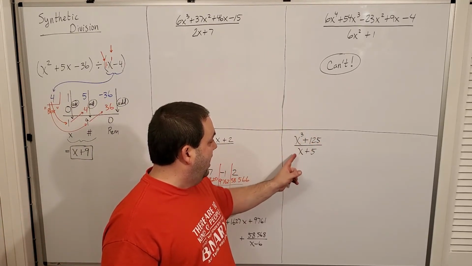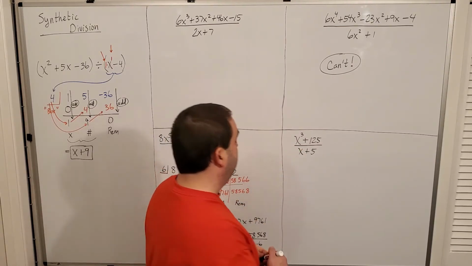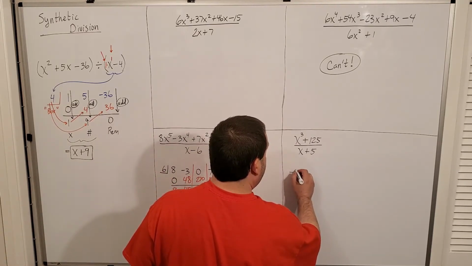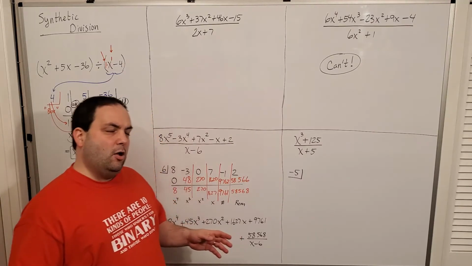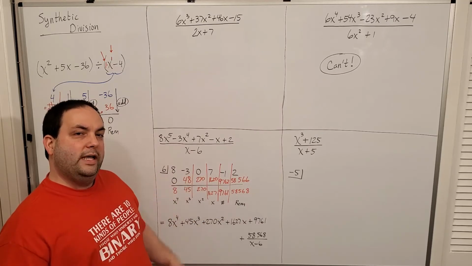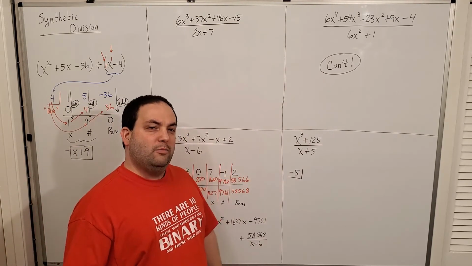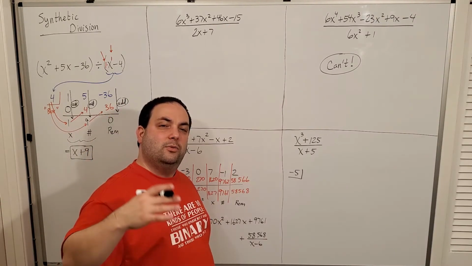Right here, notice I have 1 and x to the 1, so this one's ready to go. The number that I put in the box is -5. Now let's take a second right here. Do you notice how the thing that makes the denominator 0 is always opposite in sign of the number, right? When I'm doing division, at every step, aren't I supposed to subtract?